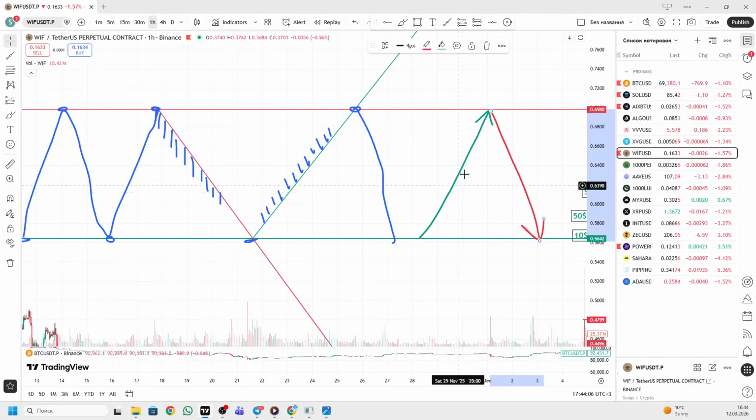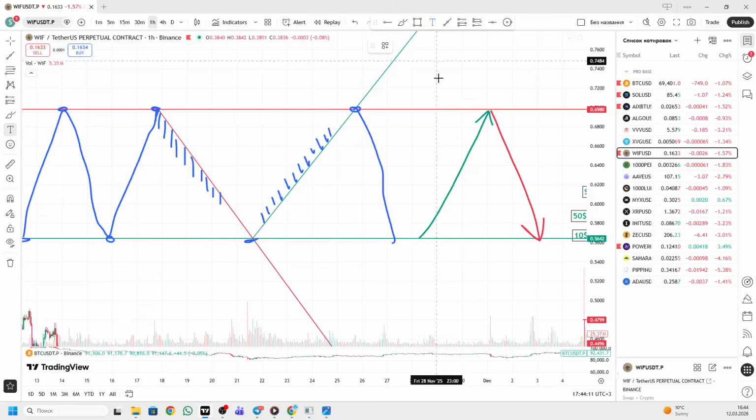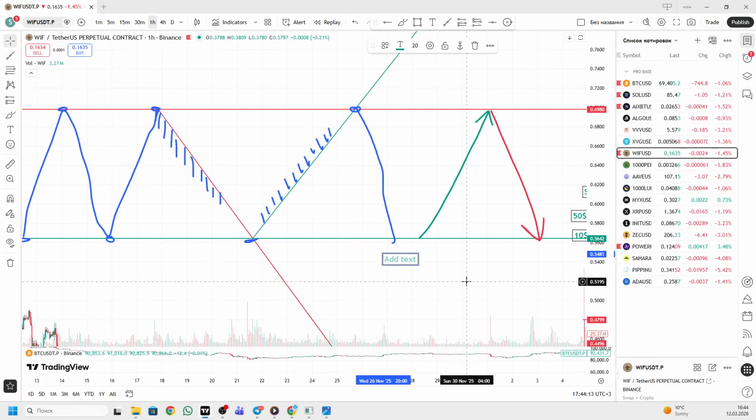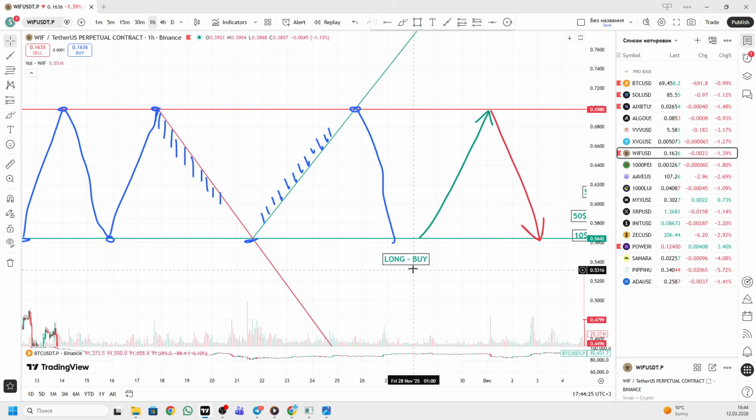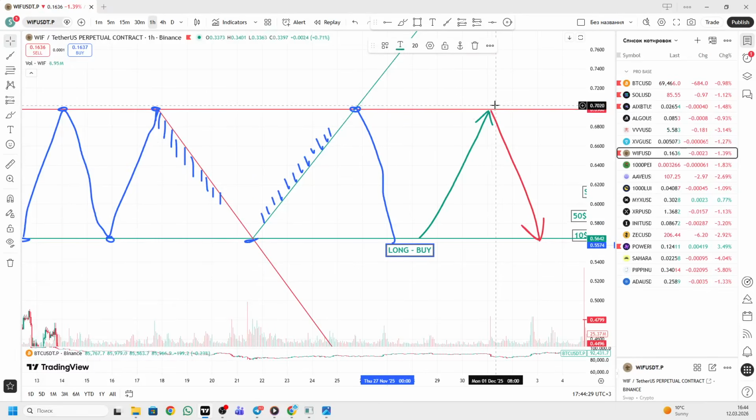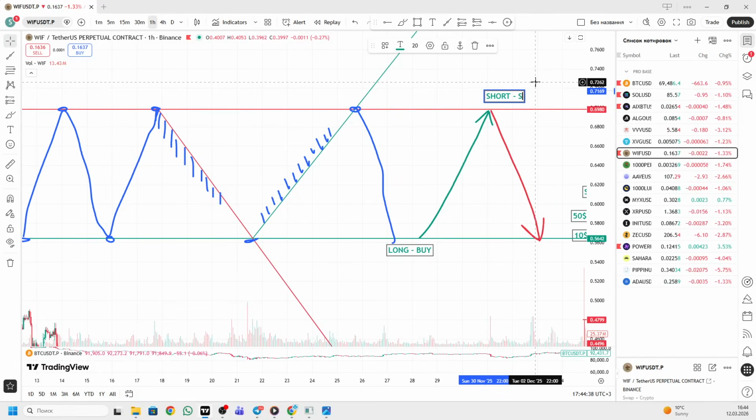So what is short and long? When the price is going up, it is a long position. Let me even write it down. It's long. Long is buy. Like this. And when the price goes down, that's short. It's sell.